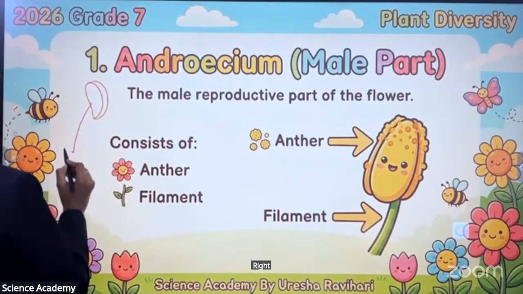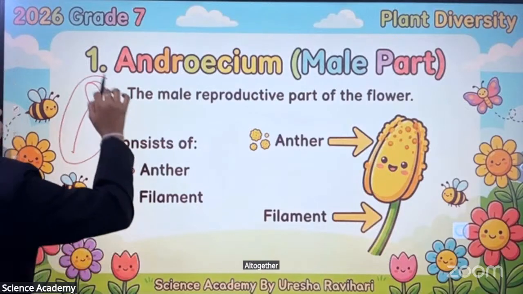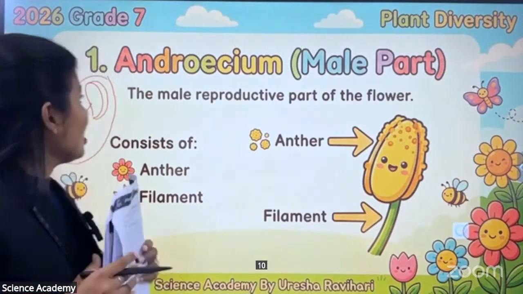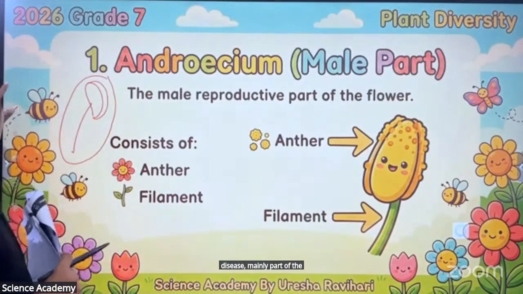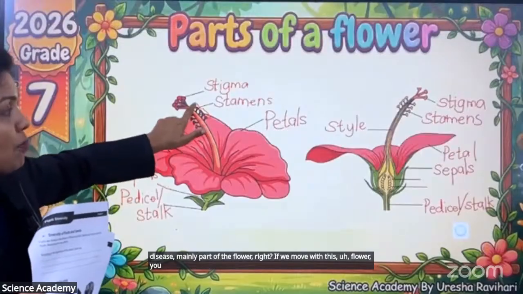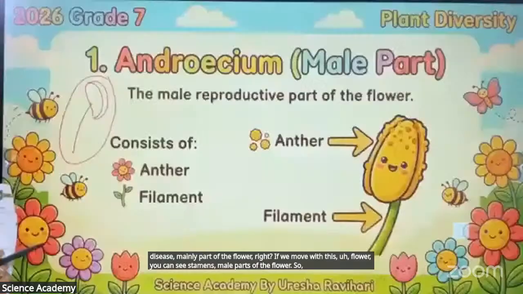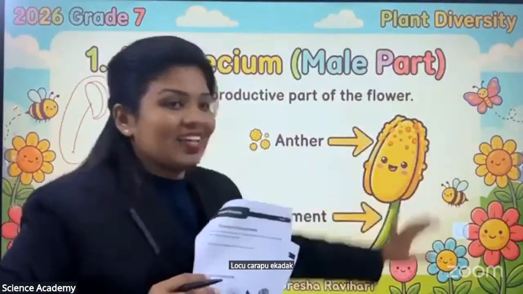So here, all together, this is called stamens. This is the main part of the flower, right? If we move with this flower, you can see stamens, the male parts of the flower. So the enlarged version we can see here.